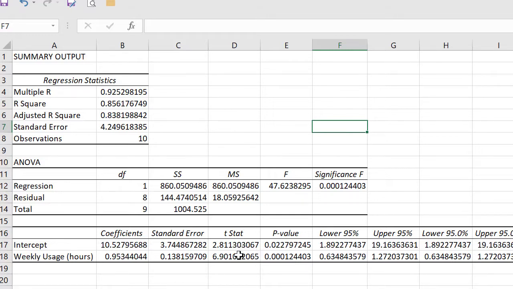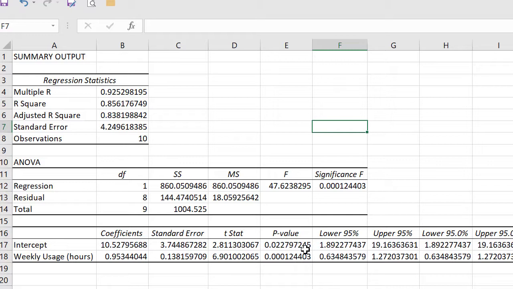It automatically calculates a t-statistic for you, but the important one is this p-value. If this is B sub 0, this is B sub 1. If you had any other x values in the equation, they would be listed here. These p-values, the probability values, should be less than your alpha, which could be 0.05 or 0.01.